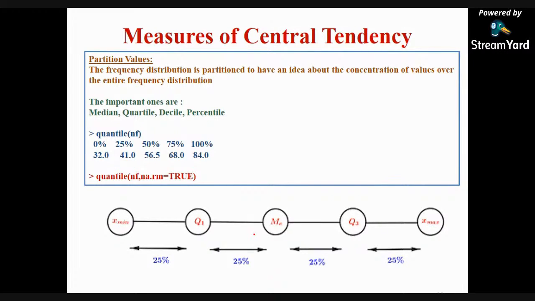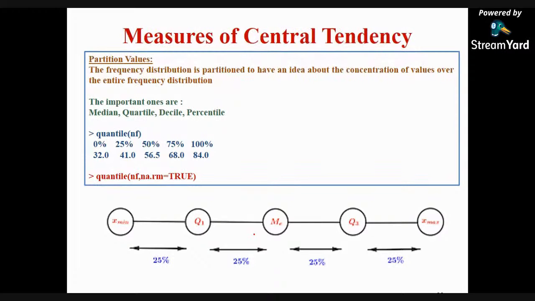Now, the important partition value that we generally deal with is the median. Median divides the total data set into two equal halves. Quartile divides the data set into four equal parts, where Q1, Q2, Q3, and so on. Decile divides the total data set into ten equal parts, and percentile divides the data set into 100 equal parts.